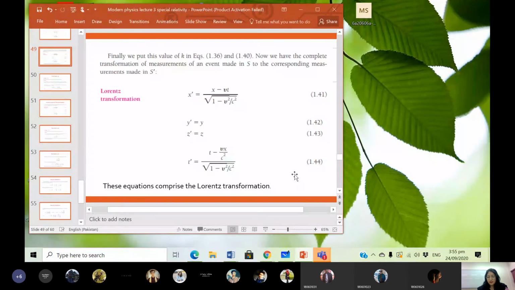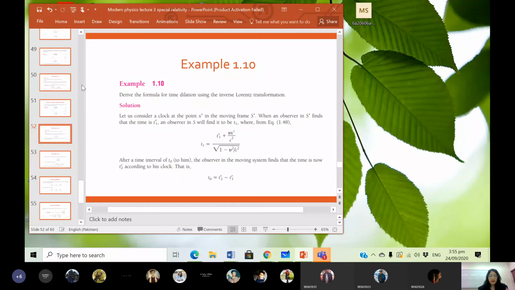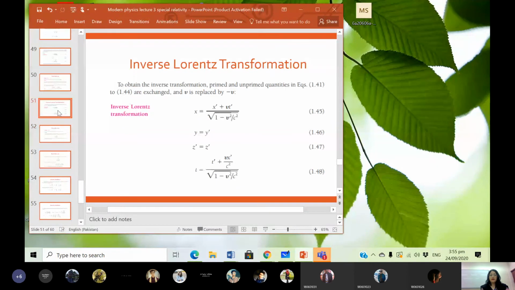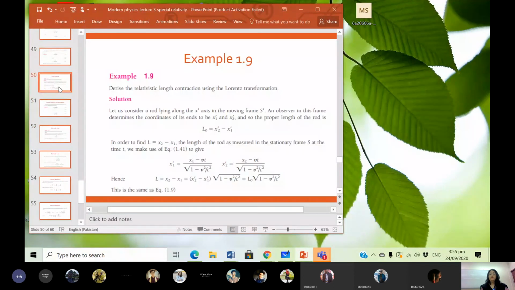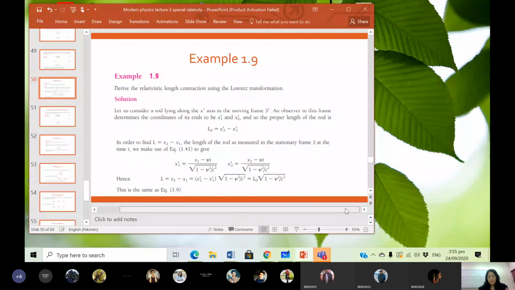The other is that you have the Lorentz transformation, then you derive from there the relativistic length contraction and the time dilation. So we'll finish this on Tuesday, because on Monday we will have a quiz, or Monday if the quiz is short and all of you finish on time, then we will continue this on Monday.